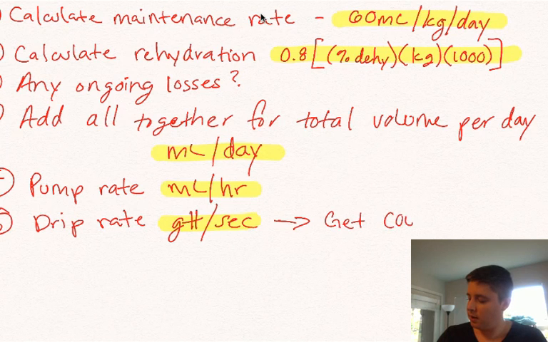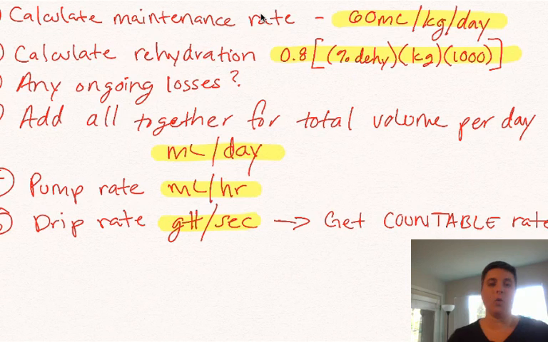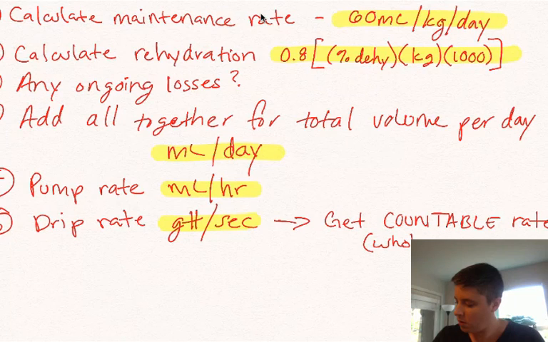And what I mean by that is, if my answer comes out to 0.3578 drops per second, I don't think any of us can count a 0.3578 drop, right? We can't. You have to see a whole drop to count a drop. So we have to get it to whole numbers, essentially. I'll write that too. And that's a whole nother little thing we have to do.